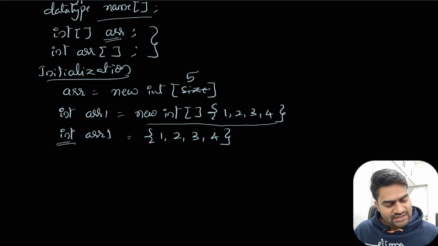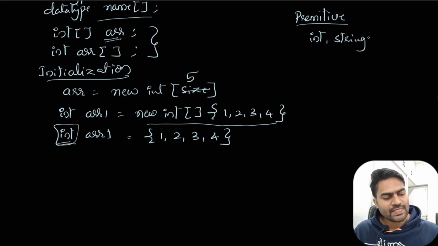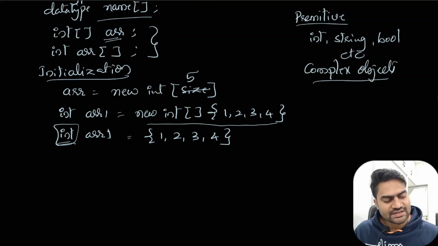This is for the int type. We can use either primitive types like int, string, bool, etc., and also complex objects. Complex objects, in the sense that I can create a type such as a student type.